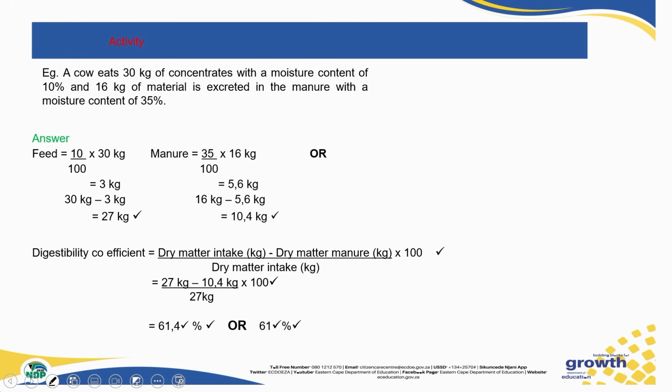Now, here's an activity. A cow eats 30 kg of concentrates with a moisture content of 10%, and 16 kg of material is excreted in the manure with a moisture content of 35%.